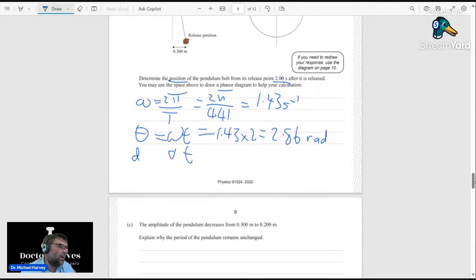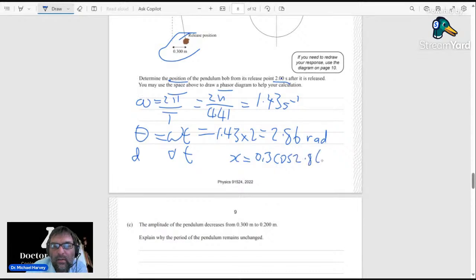Okay, so where were we? The equation that you'd choose, because we're starting at a release point, is for the distance in the x direction. If you look at your equations, the amplitude, which is 0.3 here, so that's your A, 0.3 cos 2.86, because that's theta.